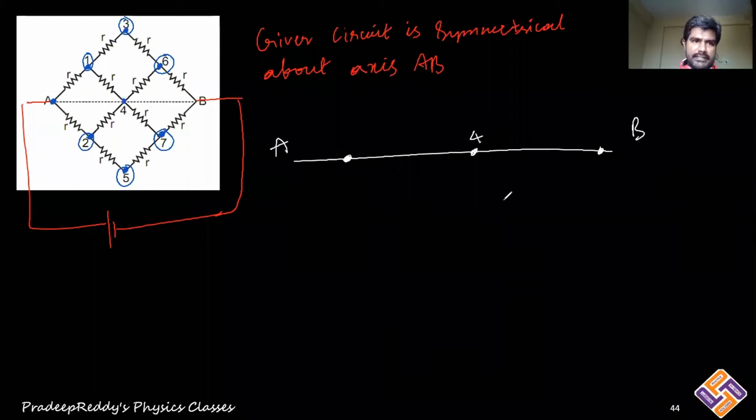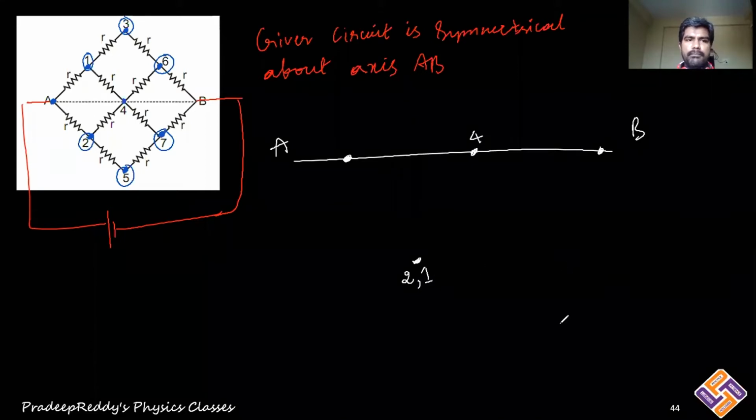Okay, next I'll denote point 2 and point 7 in the bottom. Okay, this is point 2. Point 2 and point 1 both are identical, so these 2 points I'll write at the same position.